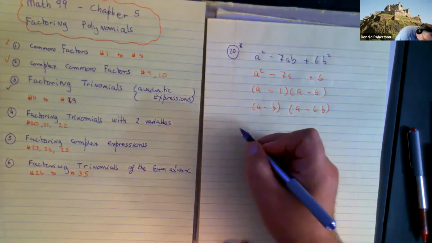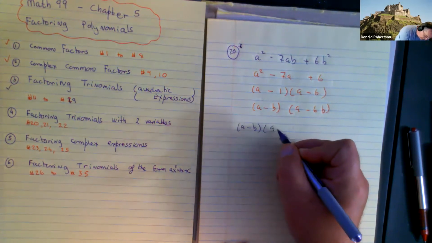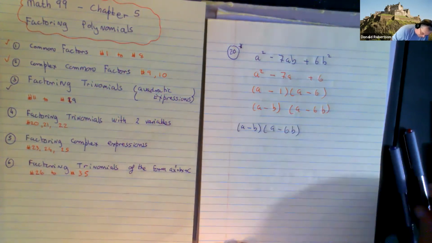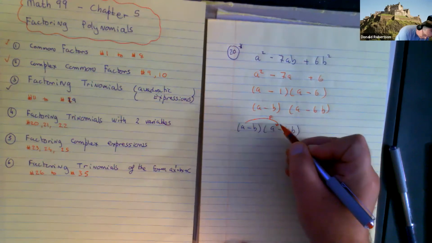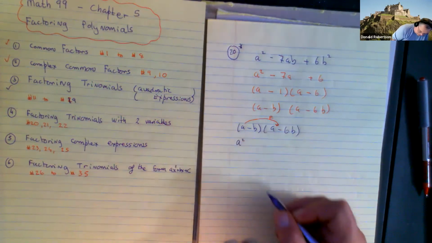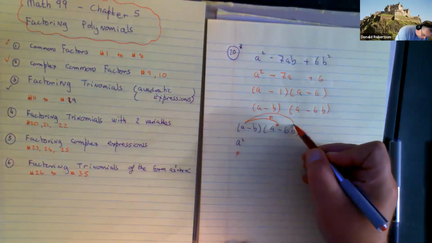Now, I don't normally do this because it takes time, but I'm actually going to prove that that, in fact, is the correct answer. I'm going to FOIL it. Here's the F: a times a is a squared. Now we're going to do the outside.